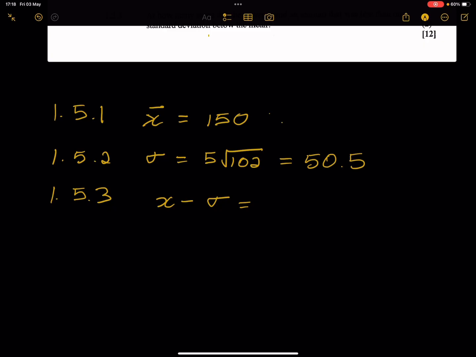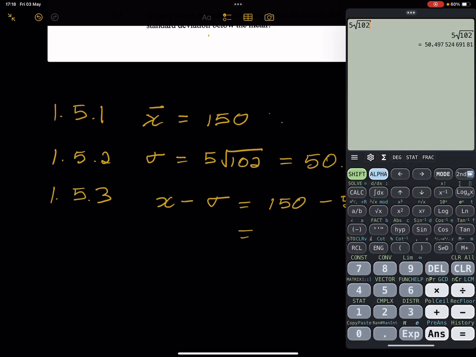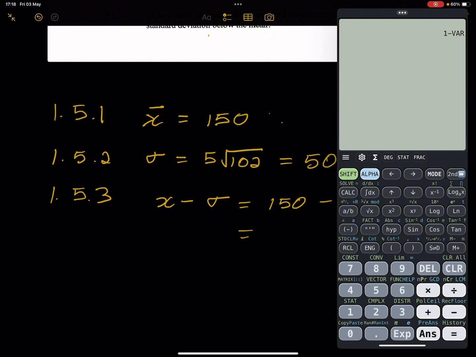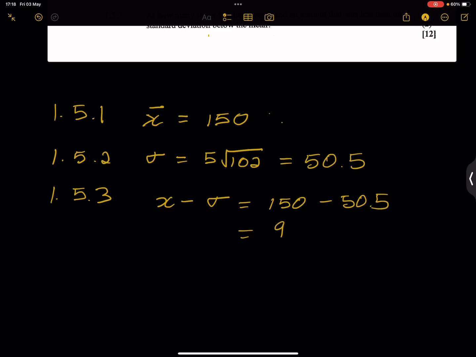So if our mean was 150 and our standard deviation is 50.5, that's 150 minus 50.5, which gives us 99.5. So 1 standard deviation below the mean is 99.5.